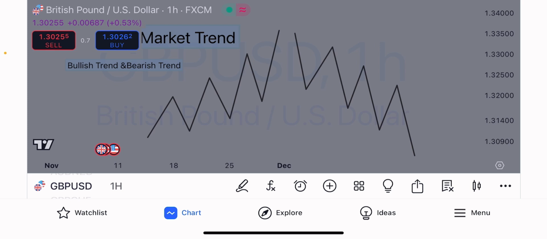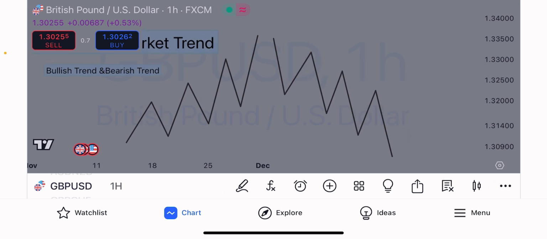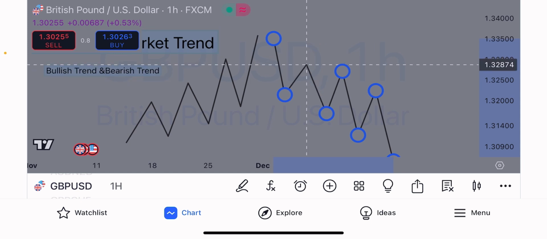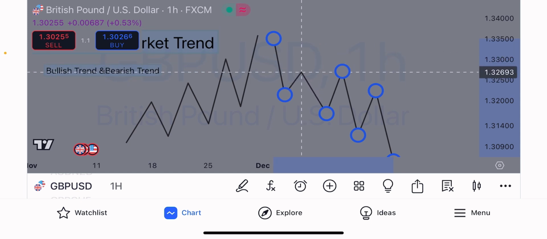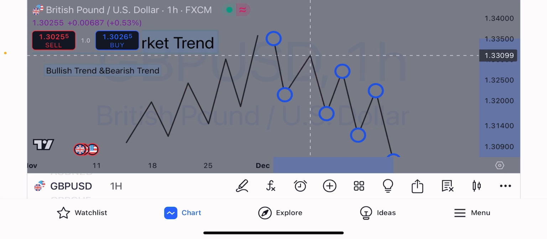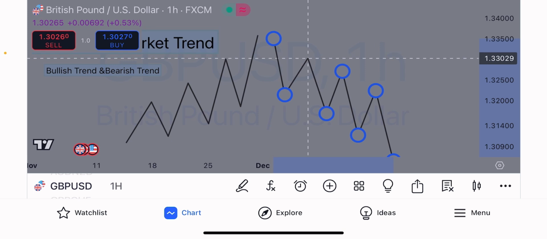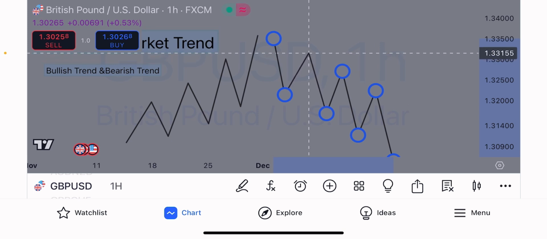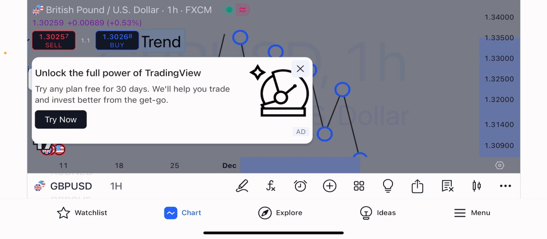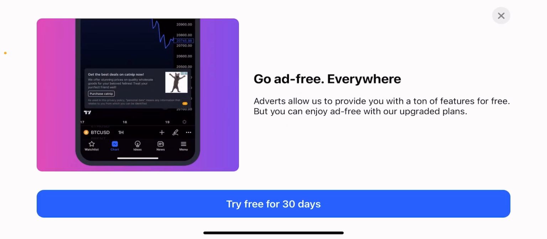Now most of the times these lows are always a 50% retracement of the previous trend. Let's make it simple for you guys.